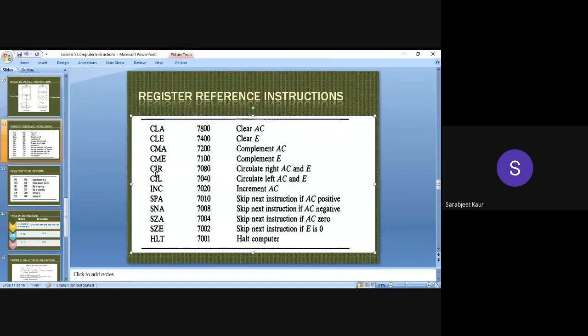Next is circulate right. Which register to circulate right? The first thing is AC. If it is not specified, then it will be AC. I told you, right? E is attached to AC.